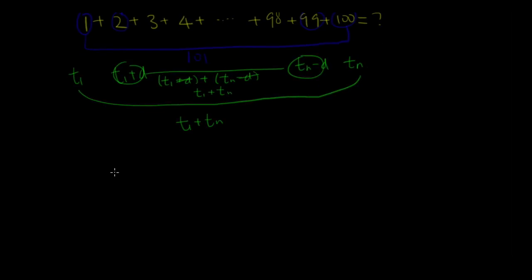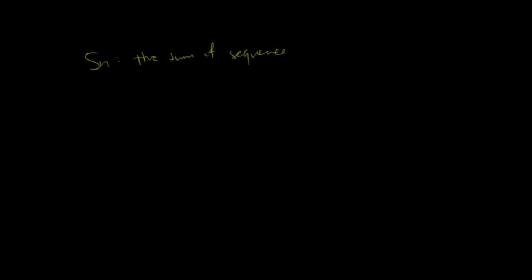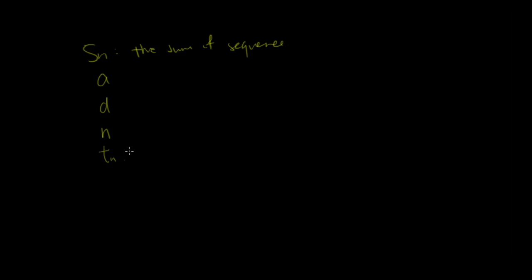Therefore, we can derive a general equation for the arithmetic series. Let Sn be the sum of the series, the sequence, and we will keep the same variables a, d, n. Let's put in Tn for now.